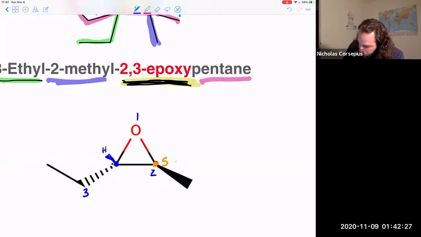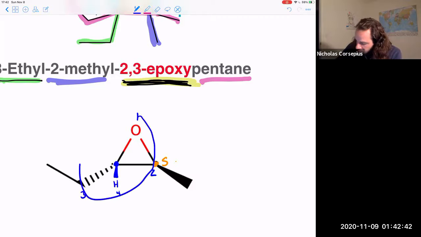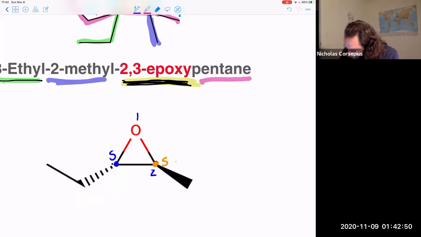And then the hydrogen that's now pointed at me, I guess I can draw that a little bit less deceptively, pointed out at me, is going to be priority 4. Remember that the rules reverse when the lowest priority group is pointed at you. So now, even though I'm going clockwise, the rules are reversed, and so clockwise would be S. So this is again an S stereocenter.